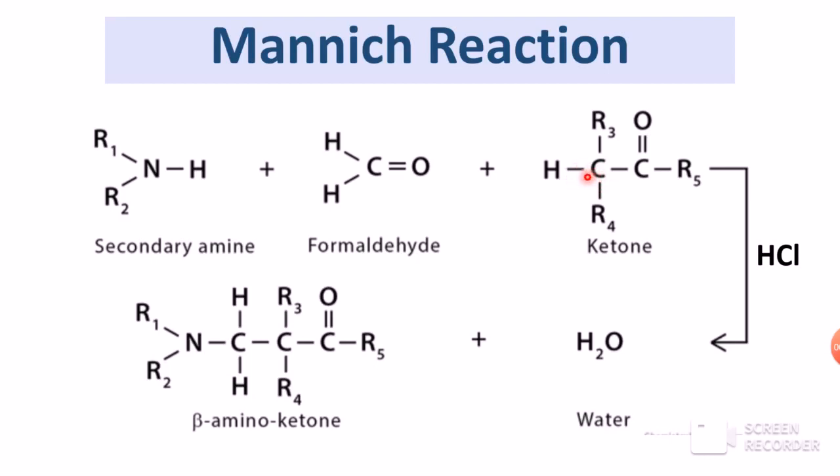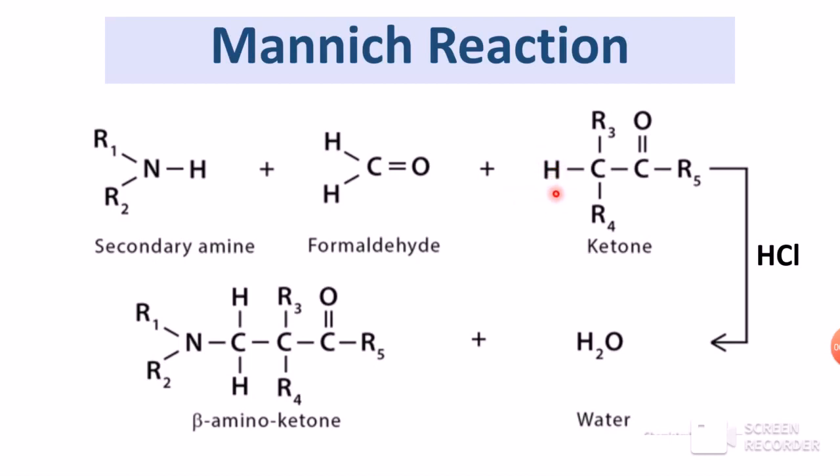So what is amino alkylation? If this hydrogen atom is replaced by an alkyl group, then it is called alkylation. If this hydrogen atom is replaced by an amino alkyl group, then it is called amino alkylation.